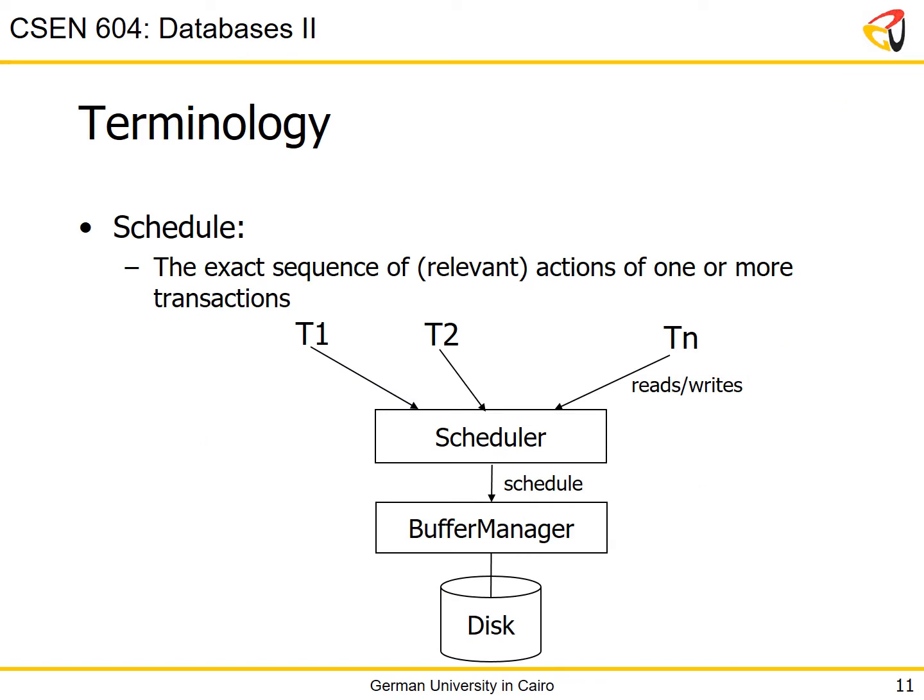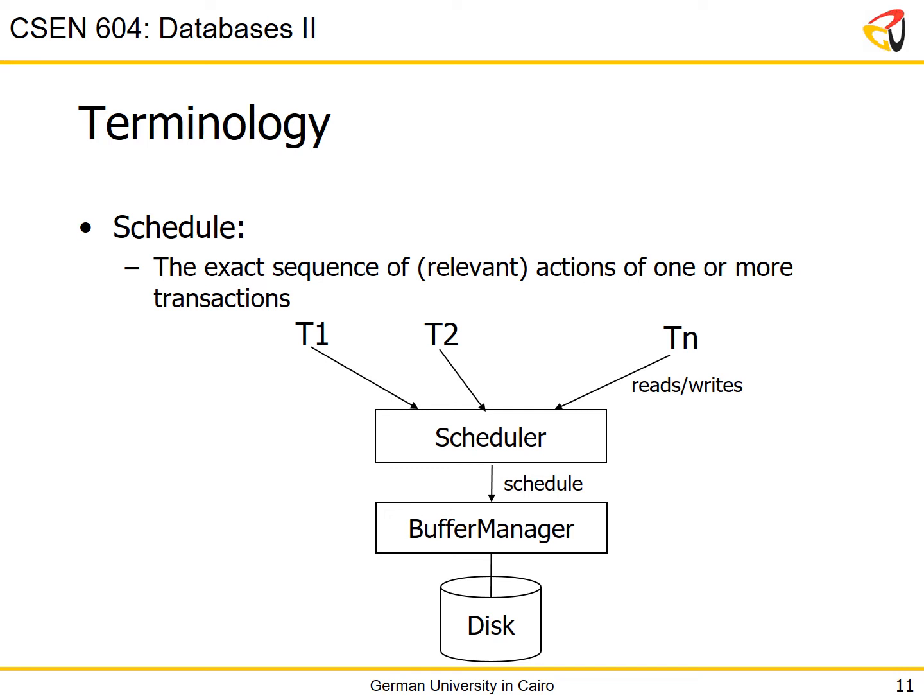So now you understand how important the scheduler is. The scheduler is gonna decide when is a transaction running versus when it should stop. And what it outputs is a sequence of reads and writes that will result in a consistent state.